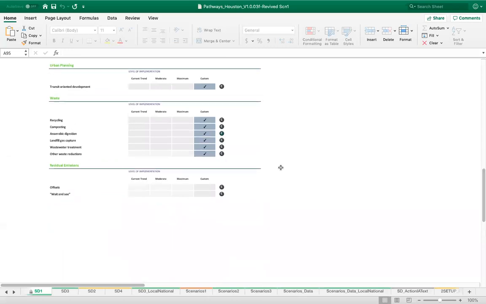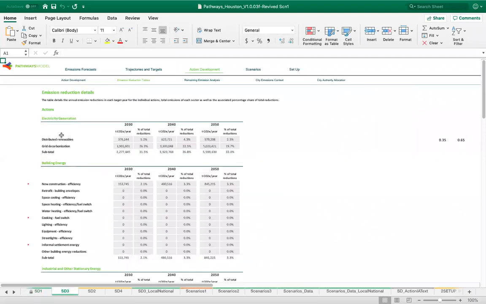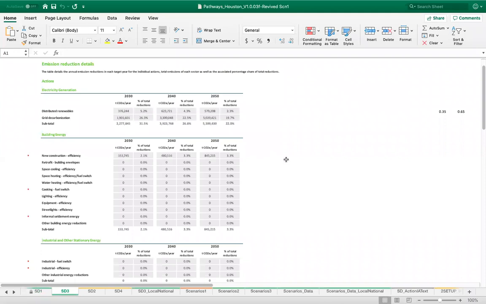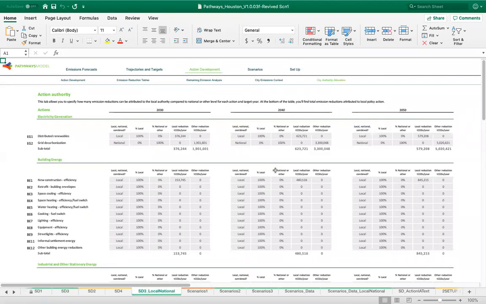So this is really the main page where we set up the emissions, and obviously there's the wedge diagram to give the summary, but there's also the tabulated version if you want the specific values that are in place. It is worth noting that there is the ability for each of the action areas to assign what portion of that action is attributable to the local government, because we recognize that policy actions aren't always the responsibility of one level of government.